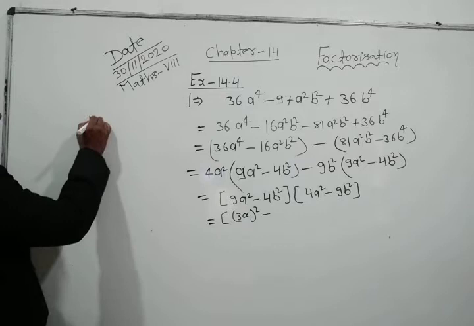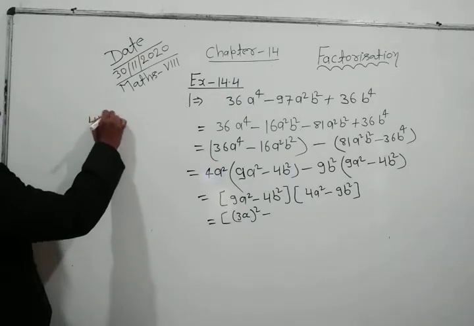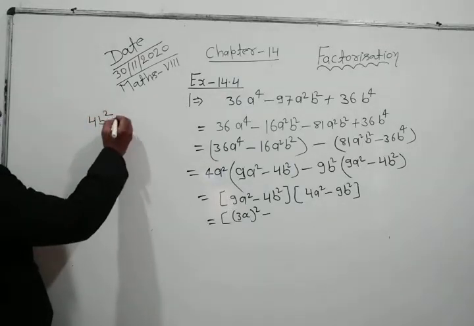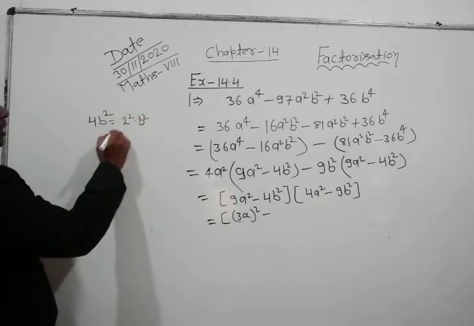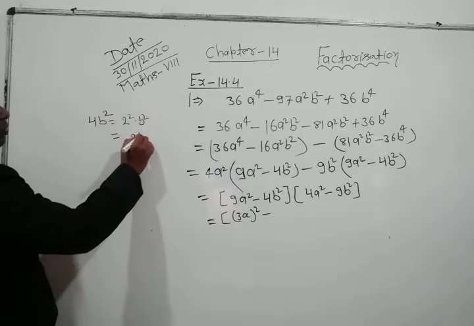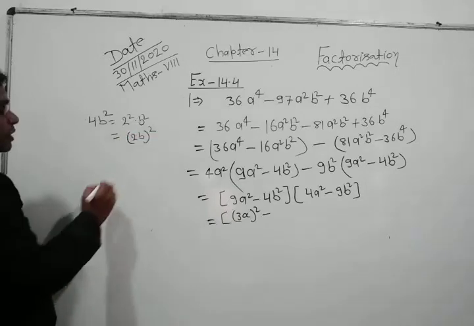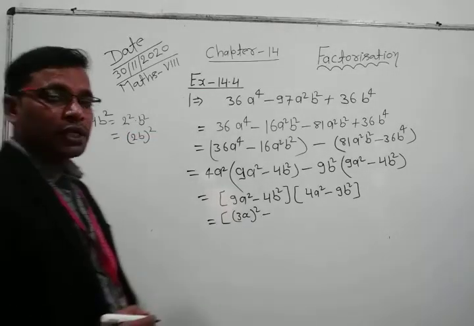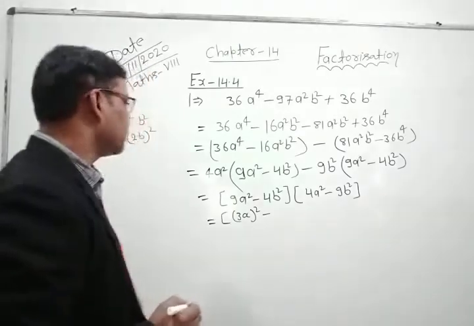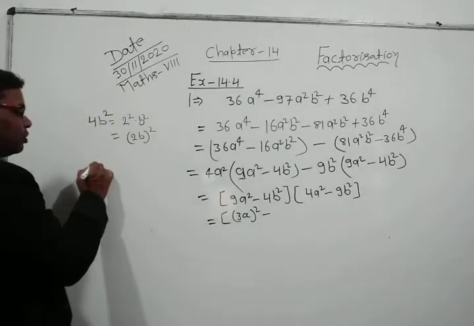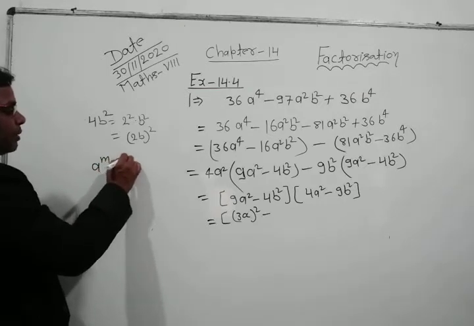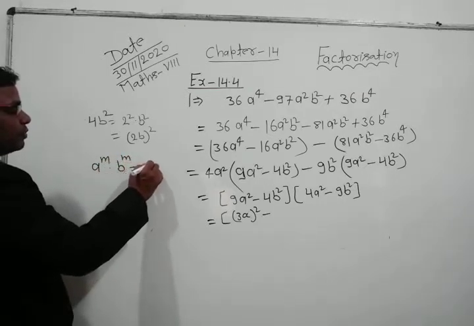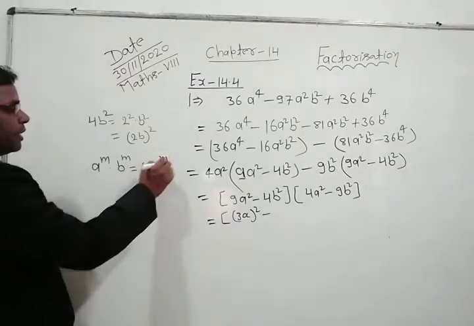4b square is equal to what? You can write it as square of 2 into b square, or you can write 2b whole square, because you know very well the law of exponent: a to the power m into b to the power m is equal to a into b whole power m.